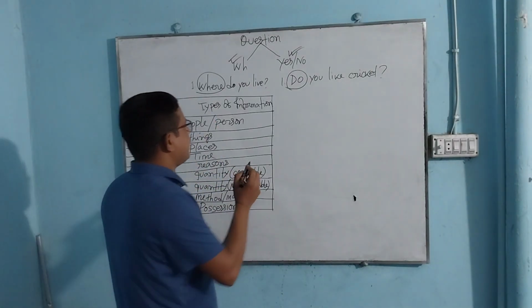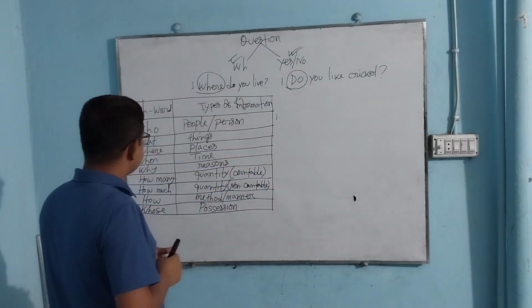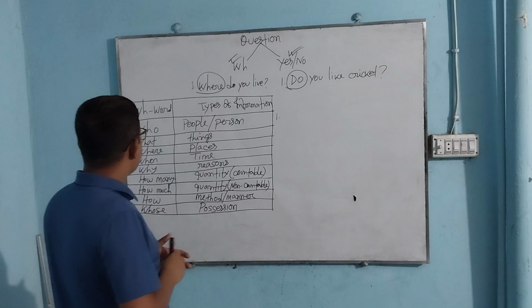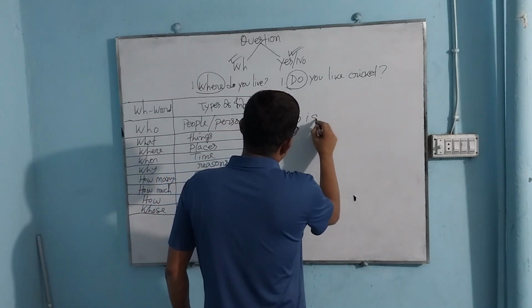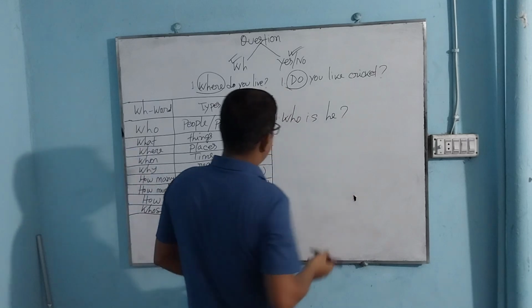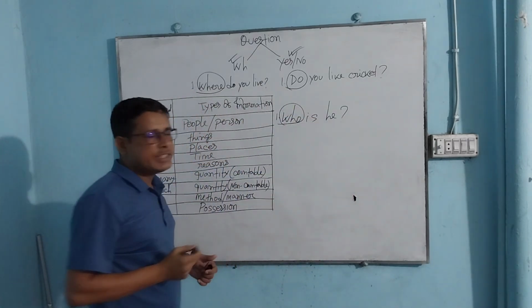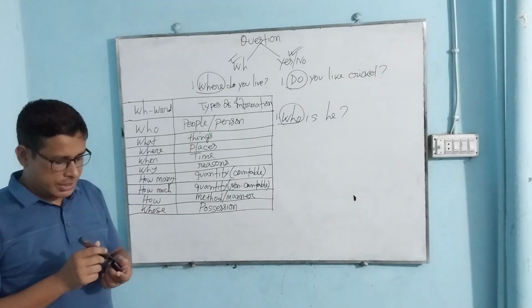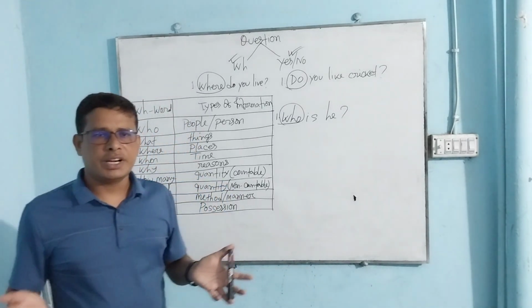Suppose, if I give an example, we can say, who is he? Here the WH word is who. We can say, who is he? He is a teacher, he is my father, he is my sister, he is my brother, and so on.